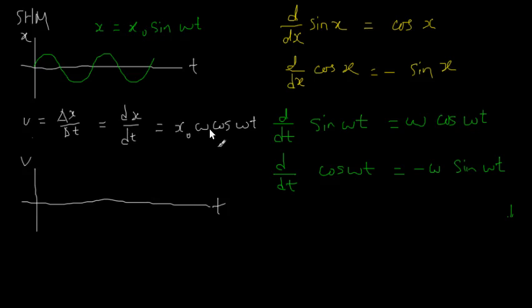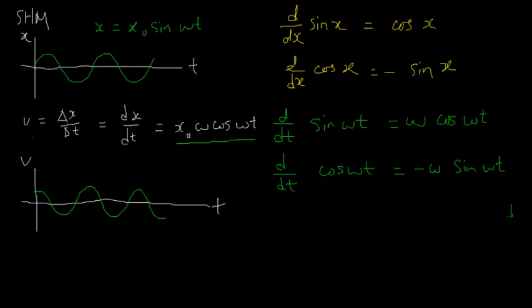So these two are fixed values that don't change with time. So if you now sketch a graph of the velocity, it would look like a cosine curve. This is what you get. So that's how we would get this formula from the displacement in a simple harmonic motion.